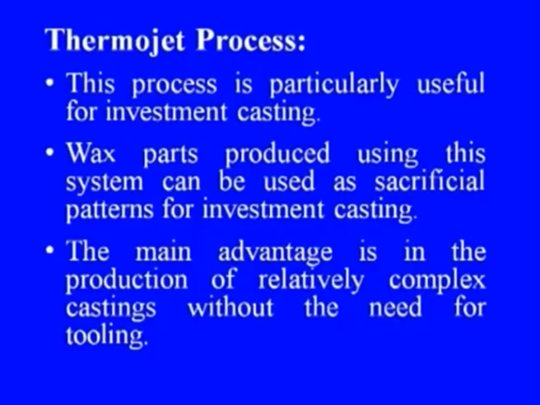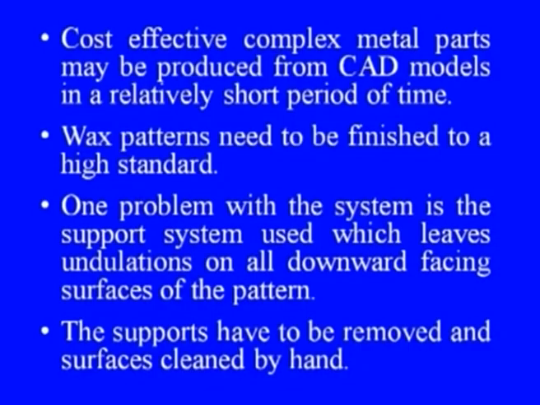And on the other hand, these types of materials, low melting point materials like wax etc., are very good to be used in the RP processes. The main advantage is in the production of relatively complex castings without the need for tooling. Cost effective complex metal parts may be produced from CAD models in a relatively short period of time.